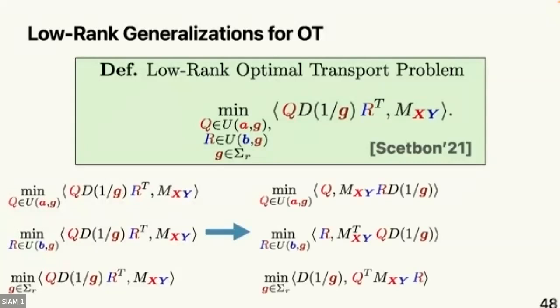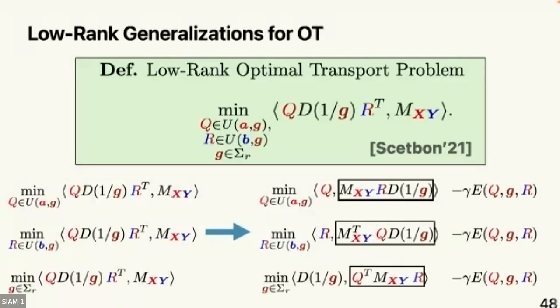And why is this a succession of simple optimization problems? Because if you only optimize with respect to Q, you can very quickly see that this problem is of size n times R by just putting all those matrices on the right-hand side. If you optimize with respect to R, it is again a problem of size m times R. And if you only optimize with respect to G, this is just a problem that only depends on the vector itself.